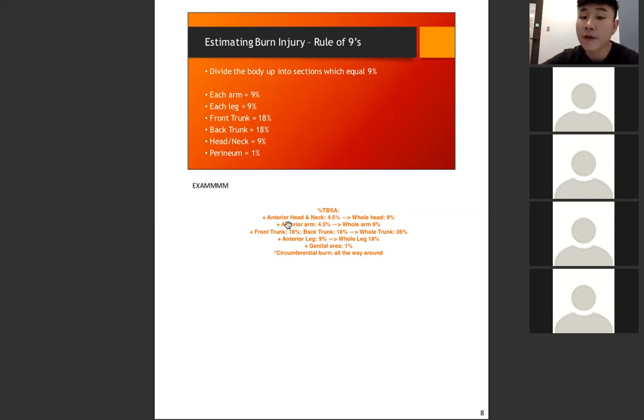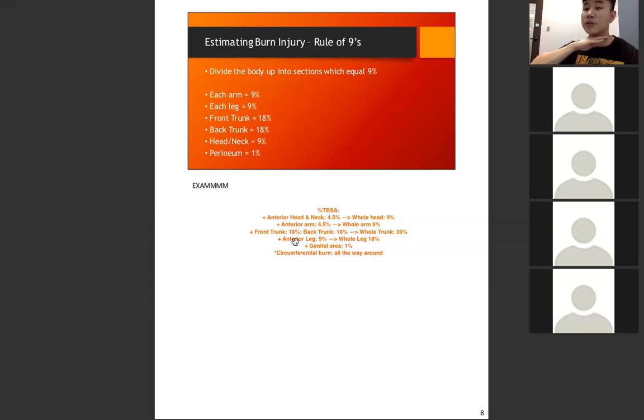First, if the patient has a burn on the anterior head and neck, it would be 4.5%. If it is circumferential, the whole head, it will be 9%. Anterior arm will be 4.5%, and the whole arm will be 9%.